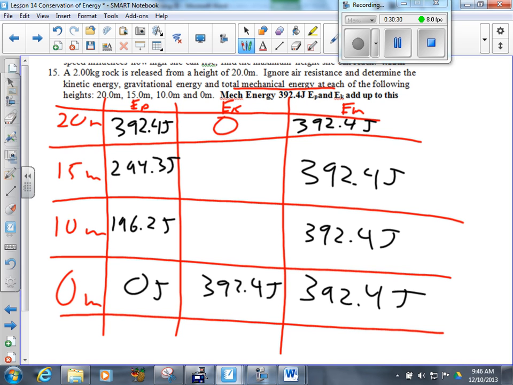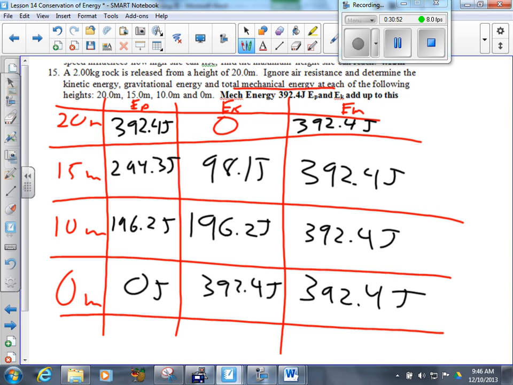And then I just do the subtracting here. So this should be 196.2, that's where they're equal. And then here, this one should be 98.1 joules.